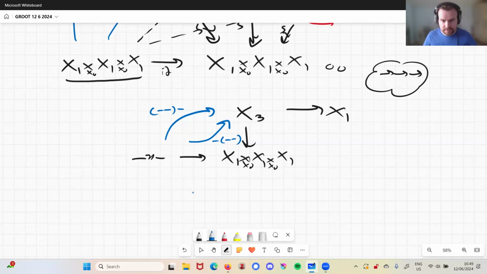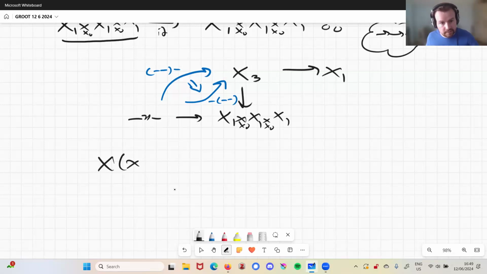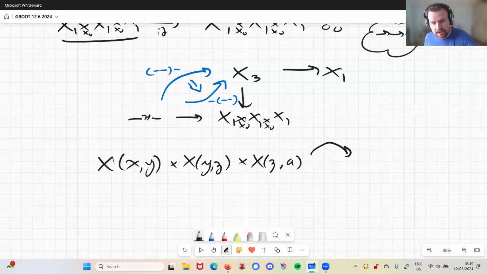What this gives us, if we then take this homotopy, so we'll get some homotopy between these. And if we take this homotopy, we fiber everything over objects nicely, we'll get this diagram, xy times xyz times xza. The alphabet is now cyclic, and xa.